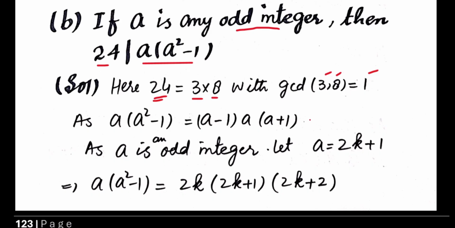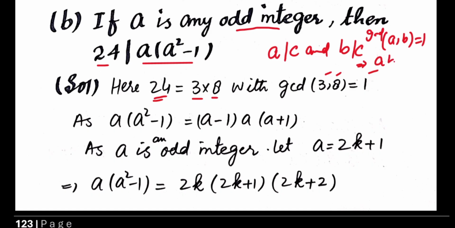Actually, I will use the corollary number 2 of theorem 2.4. That corollary says if some number a divides c and b also divides c with GCD of a and b equal to 1, then in this case the product ab must divide c also.